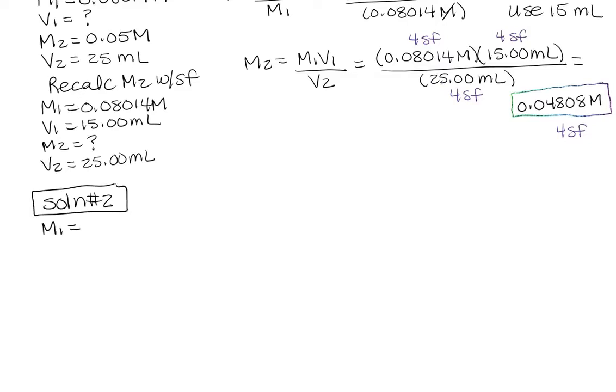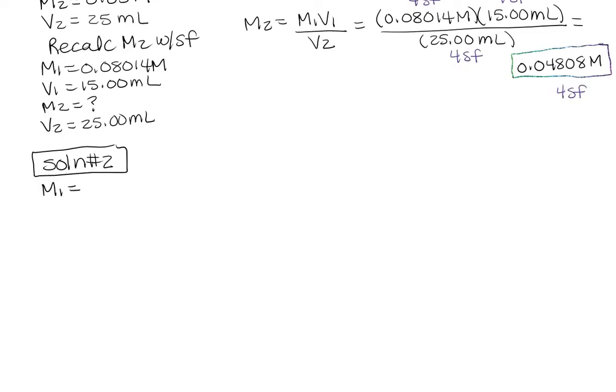M1 is not the stock solution anymore. It's the previous solution that we're using in our serial dilutions. That's 0.04808. V1, we're still trying to calculate. M2, as we just said, is about 0.01 molar, and V2 is 25 mL.